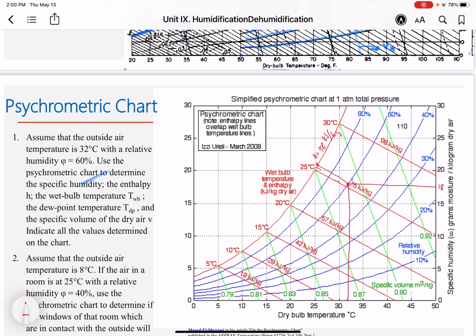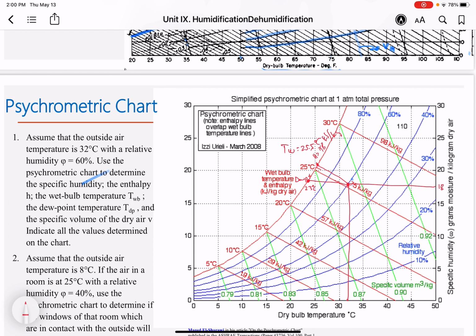So, assuming this is 30, kung ito yung 26, wet bulb temperature is around 25.5 degrees Celsius. Now, projecting it horizontally, I would get the dew point. So, ito yung dew point. Dew point is at this point here, that's around 20. This is 25. This is siguro mga 23 degrees Celsius.